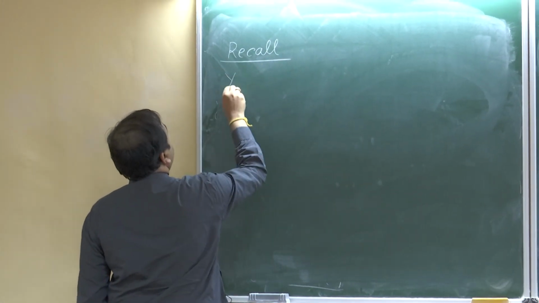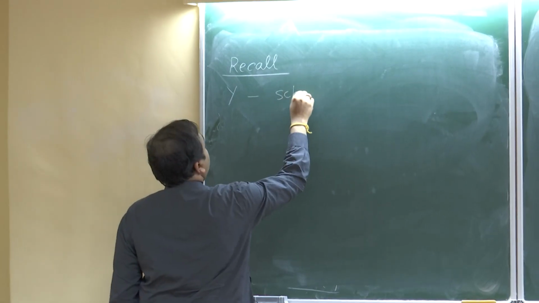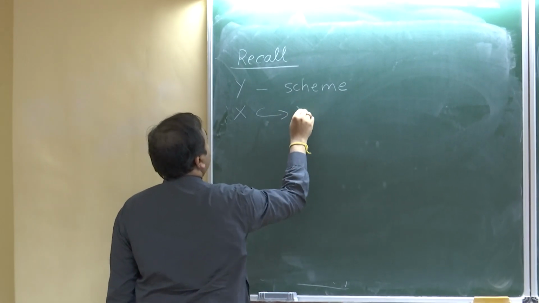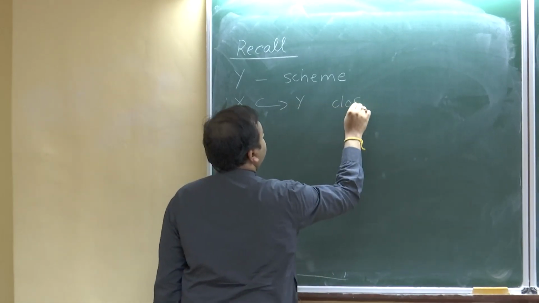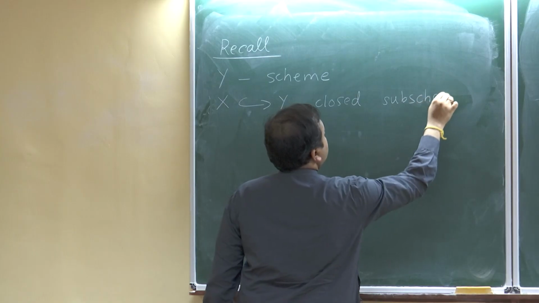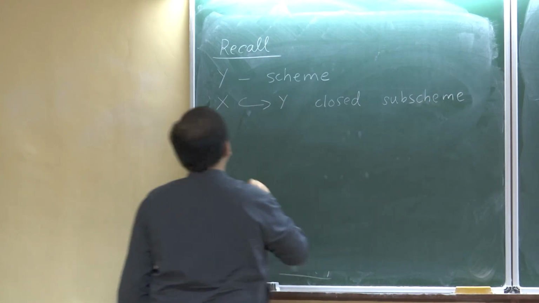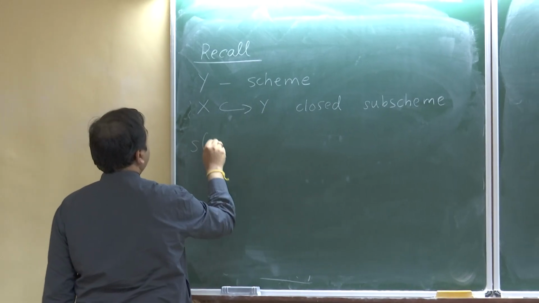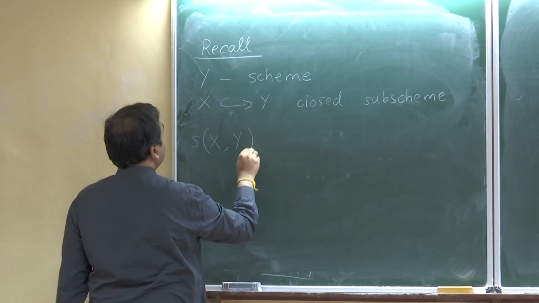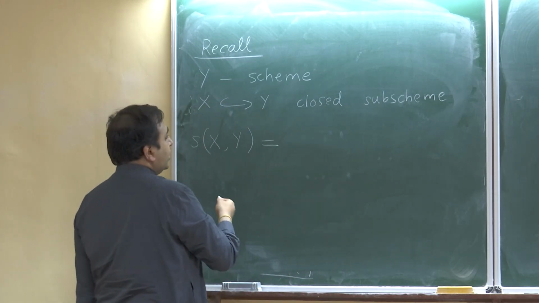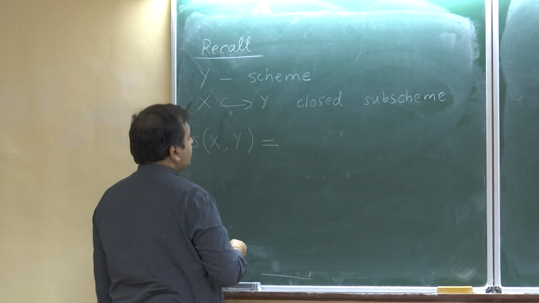So Y is a scheme, and X in Y is a closed subscheme. Then we defined the Segre class of X in Y to be, so this is not an operator as we had constructed for vector bundles.